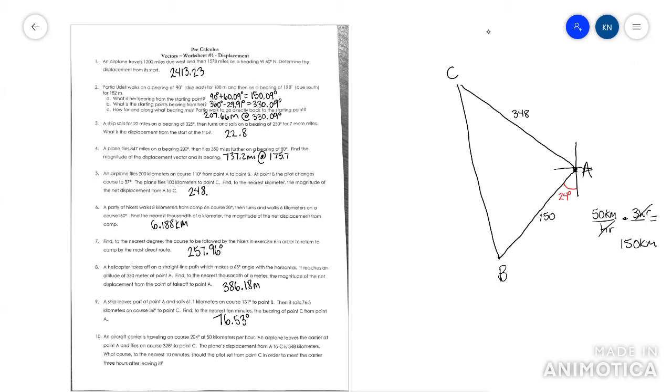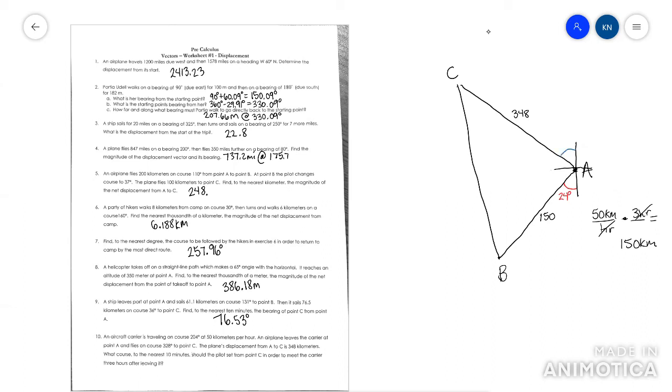The next thing you're going to need to get is this blue angle right here. You get that because you were told the plane flew at a course of 328 degrees this way. So this entire amount was 328 degrees. Well, green, the full circle is 360 degrees, so to get this little amount, it's just 360 minus 328, which is 32 degrees.